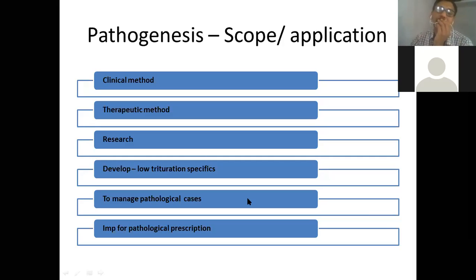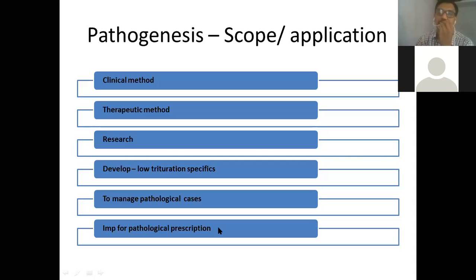So to develop low trituration specific medicines for the treatment of specific conditions, this knowledge of pathogenesis is very much useful. Then there are certain schools which have this method of prescription, pathological prescriptions, like Richard Hughes, William Boericke, C.H. Cooper, etc. These schools emphasize that you must include the pathology in your totality of symptoms.